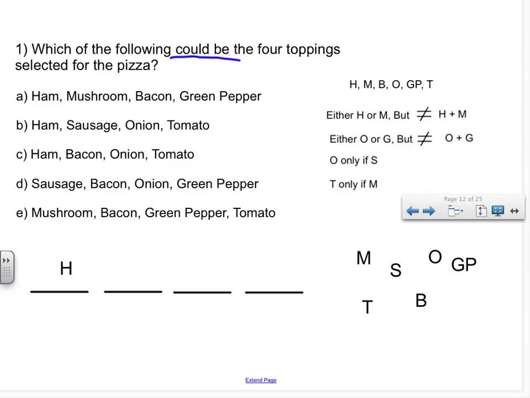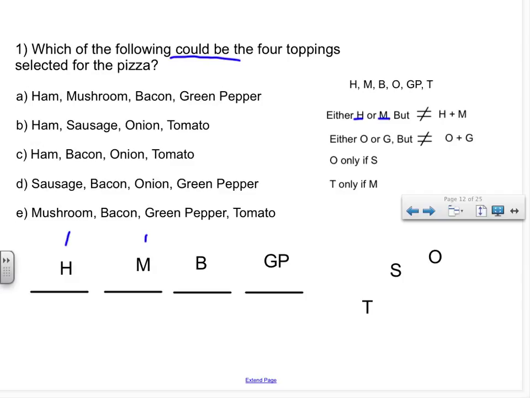So I'm going to start with ham, my mushroom, my bacon, and my green pepper. So from here, I'm going to see if it breaks any of the conditions, and I can look at the first condition, and I see H and M together.